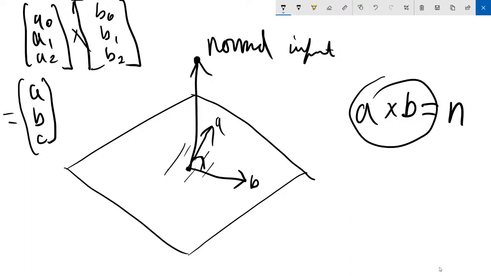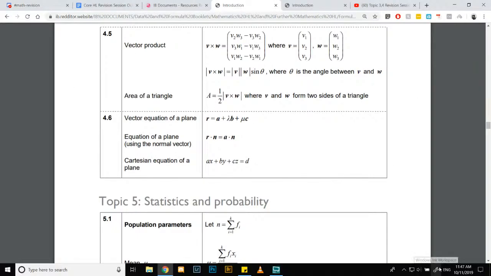If it gives (a, b, c), then we know the plane has an equation of the form ax plus by plus cz is equal to d. Then the d we would have to calculate by checking one of the points in the plane, because there's an infinite number of positions the plane can be in for that direction, but you need to find out what specific point it contains, and then you'll be able to figure out what the plane is.